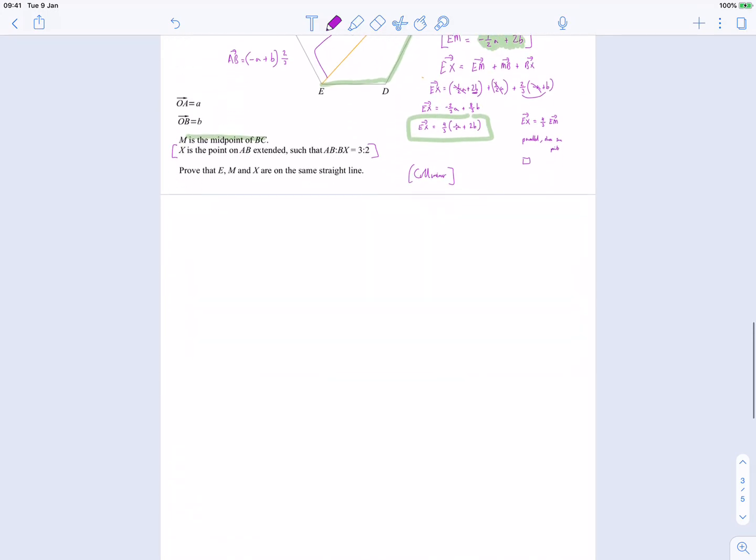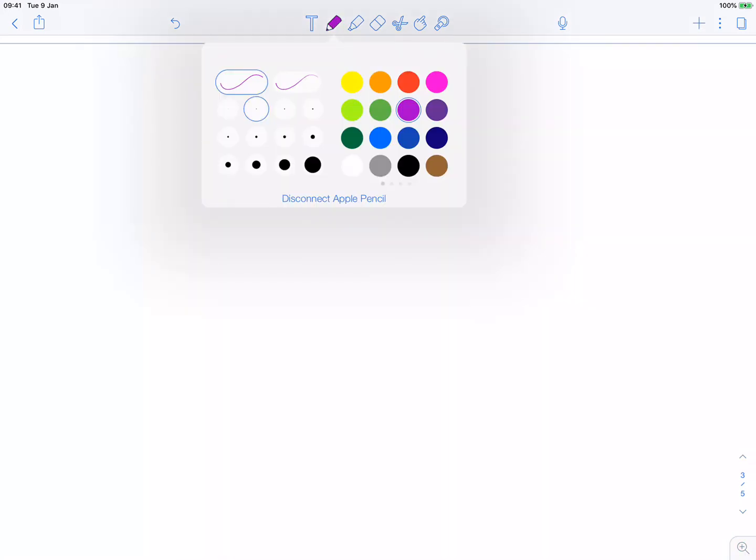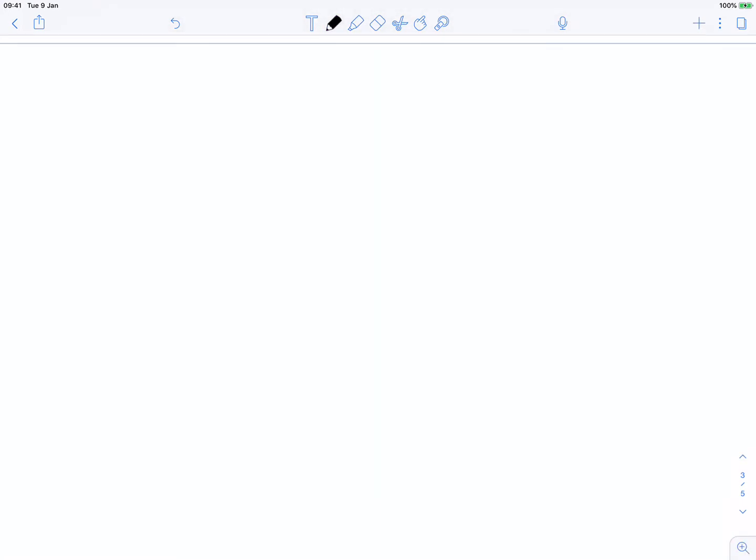Now I want to start talking about a little bit more of a sophistication. Now, what do I mean by that? Well, we've talked about column vectors where we've got 2, 1, for example, where that means I go 2 to the right and I go 1 upwards, like it's a set of instructions.